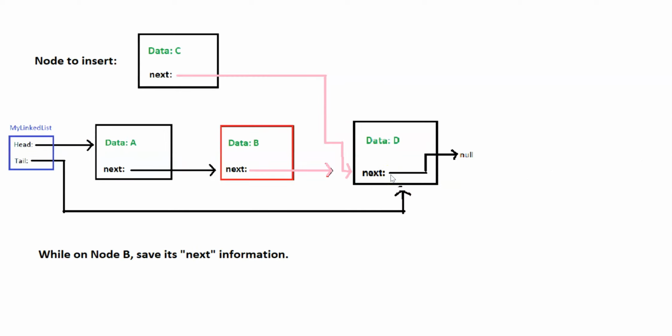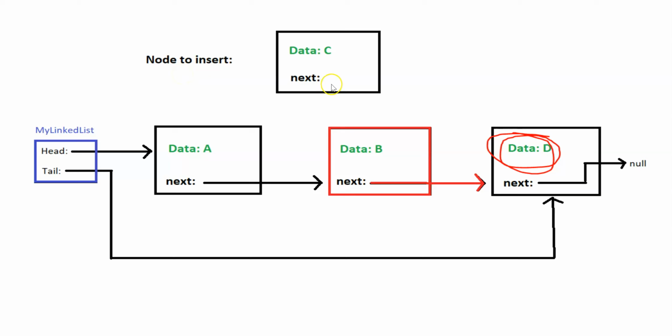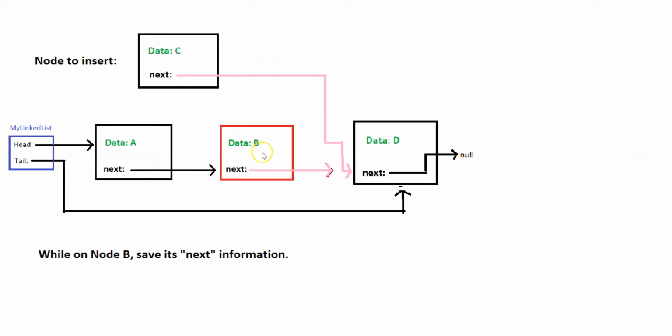So now, the first step while we're still on node B is to save its next information in our new node. Before, this didn't have any next information, but now we can save node B's old next and have them pointing to the same node.